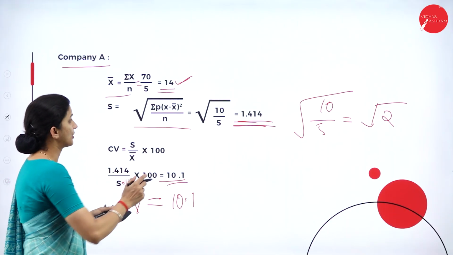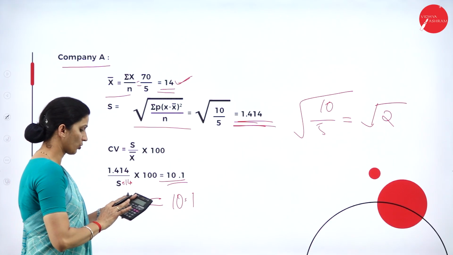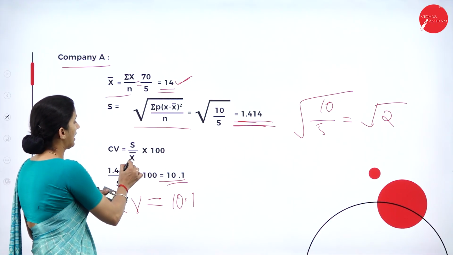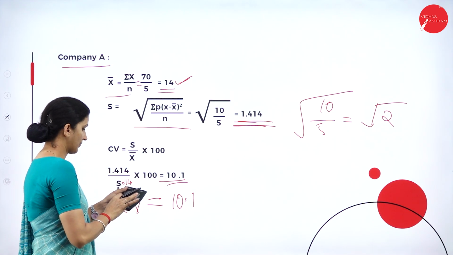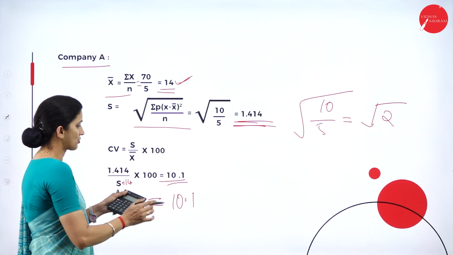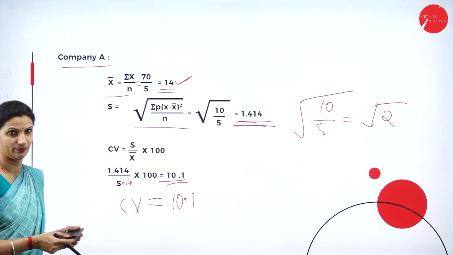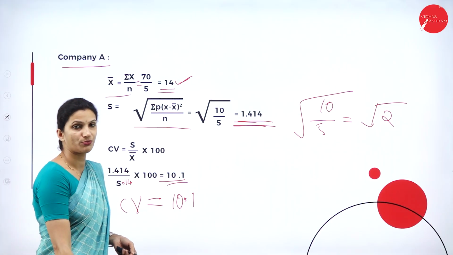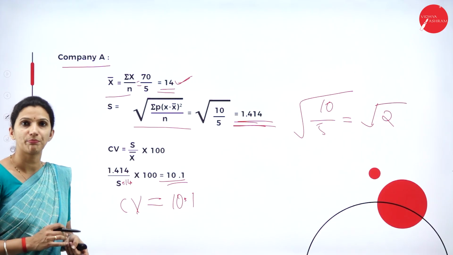That is, the standard deviation 1.414 divided by the arithmetic mean X bar, which is 14, into 100. So your CV is 10.1. This is the coefficient of variation of the project's ROI for company A.